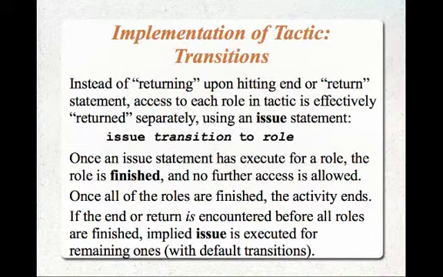Every time it gets done with one of its arguments or roles, it issues a transition to it, and that transition has to be one of the transitions you declared for that role. It will tell the outside world something about the thing you're returning: now it's in this new kind of state or phase. And if there's something wrong, it could actually be an exception like overflow, if that's what you've declared there. It'll be up to the outside world to decide how to handle that transition, and I'll cover that in a second.